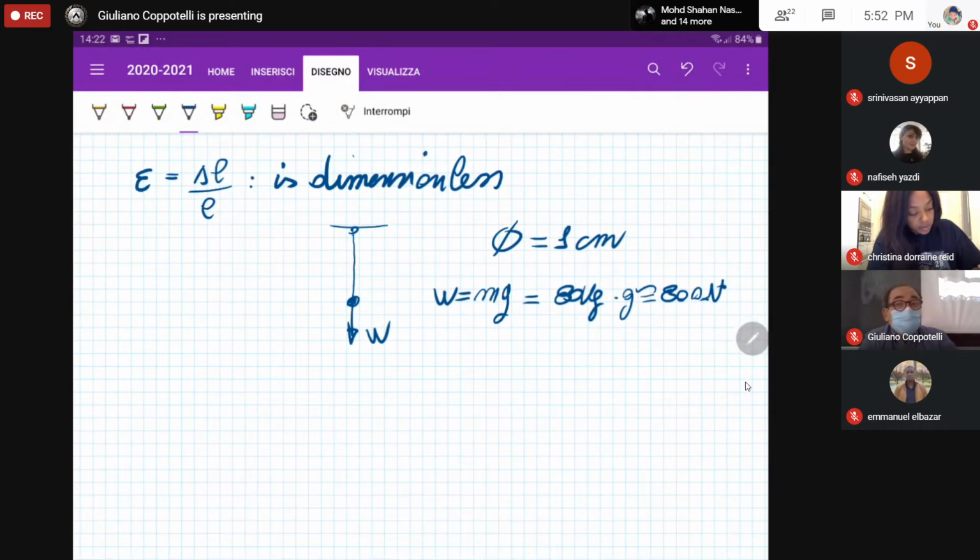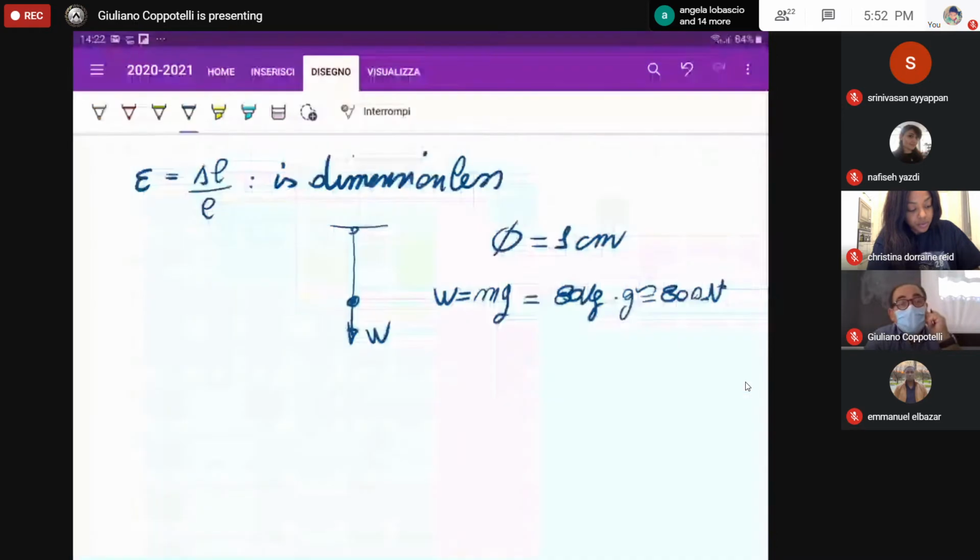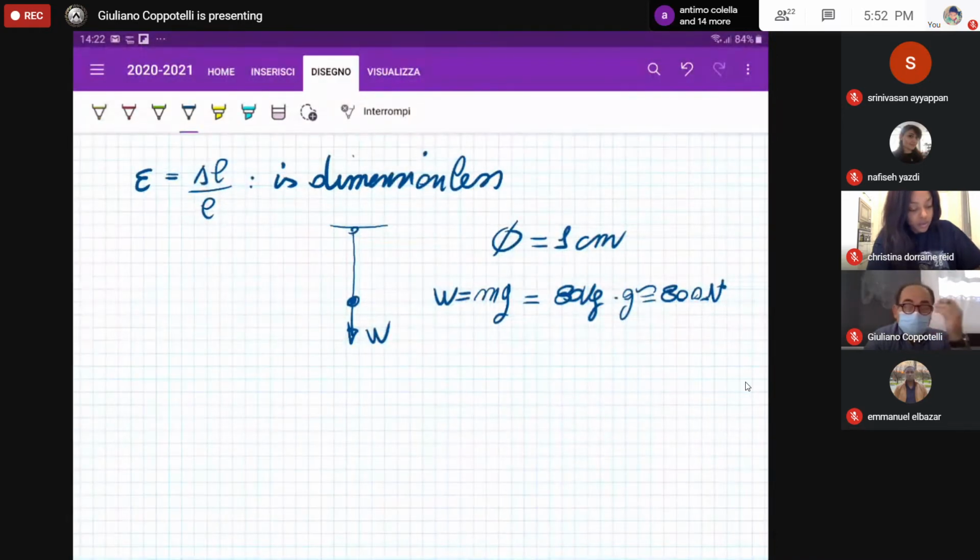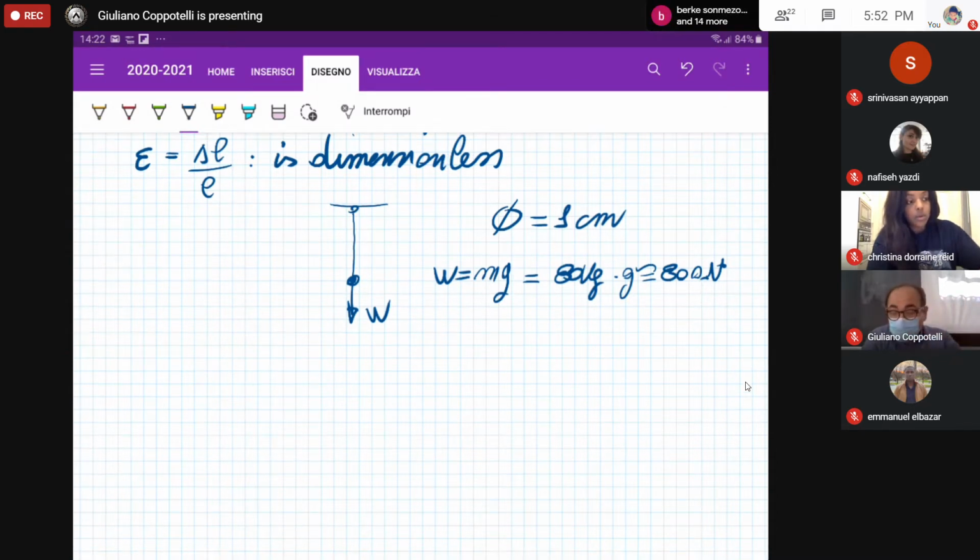Then, can you estimate the value of the axial strain for this solid rod when subjected to my load? I'm not entering into many details of the swinging, just hanging over there like that. In order to do that, remember, we first have to find out the stress corresponding to this external loading.